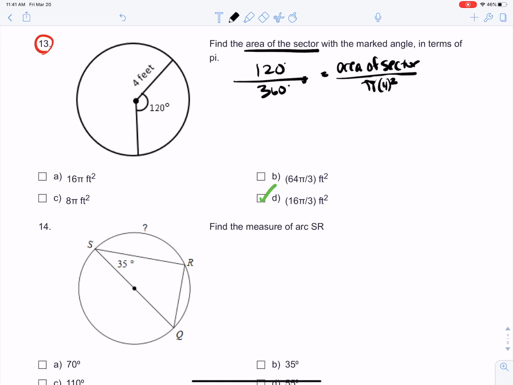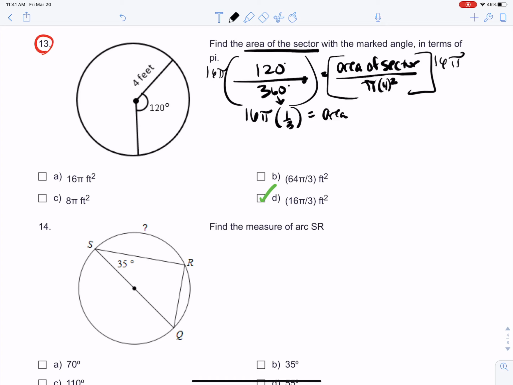To solve for the area of the sector, we multiply both sides by 16 pi. So 16 pi times 1/3, which is what you get when you reduce that fraction, equals the area of the sector. We can rewrite that as 16 pi over 3 feet squared, because we're dealing with area, so you have to have feet squared.